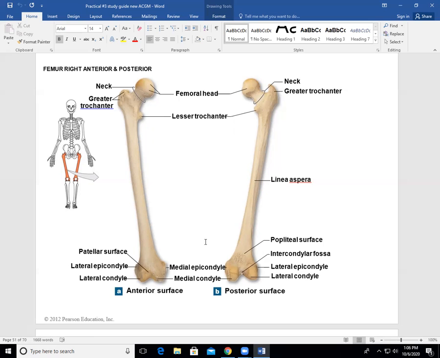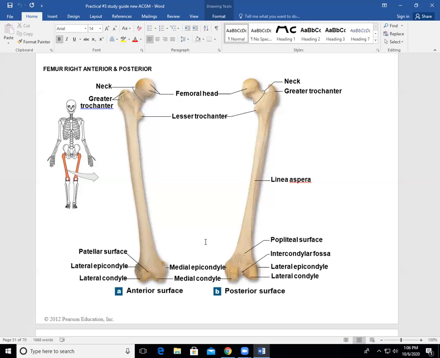Now, if you flip it and look at the posterior surface, you see the medial condyle and lateral condyle. And the space between the condyles is the intercondylar fossa. And just like, I don't know if you remember body regions and landmarks, the anterior surface was patellar, posterior surface, popliteal. Okay.